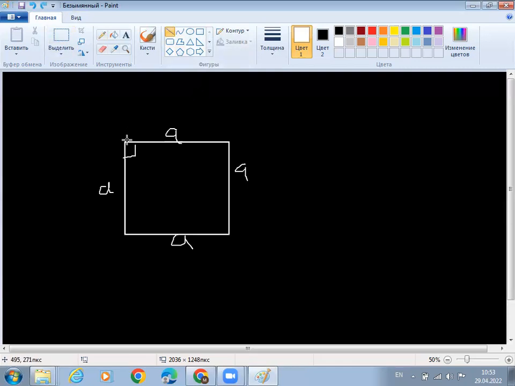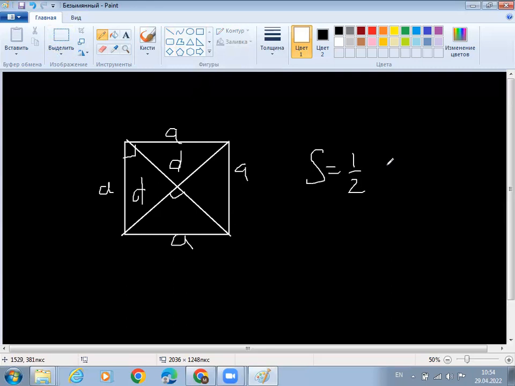For example, what we said, the diagonals of square intersect and are divided by half, and they intersect at 90 degrees. They are perpendicular. There are two equal diagonals, so this is D, this is also D. So the area of square is one half D times D, which is one half D squared. Another formula here, S equals A squared. We can find it through the side A.